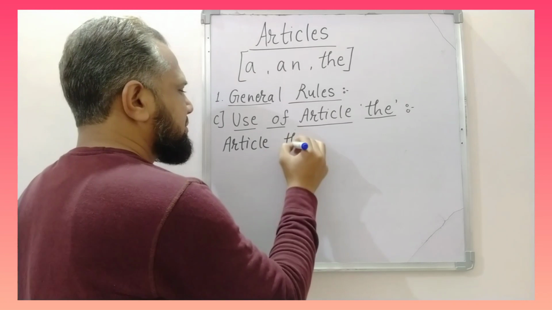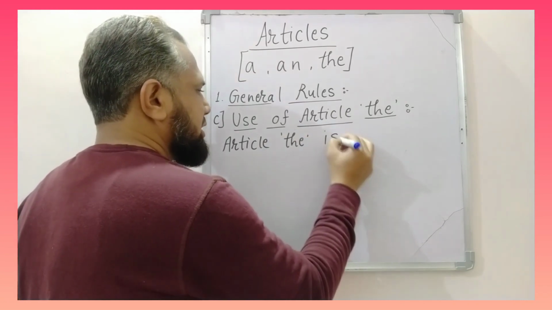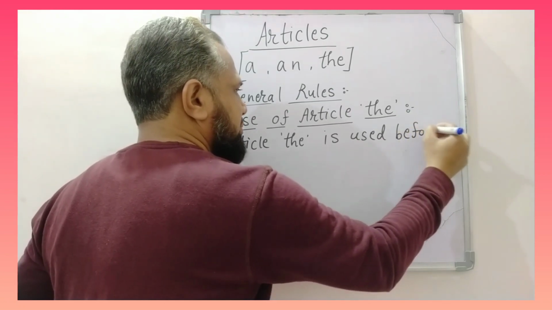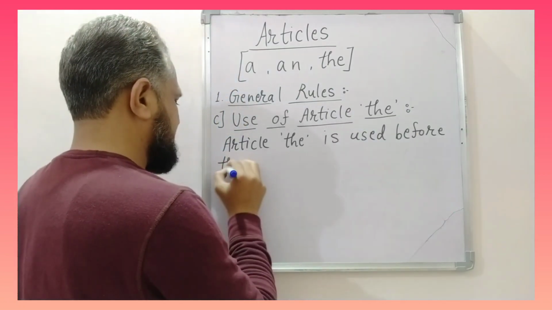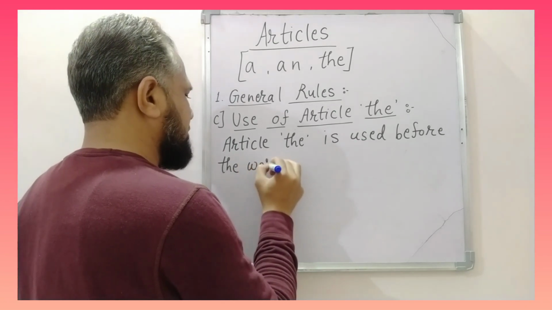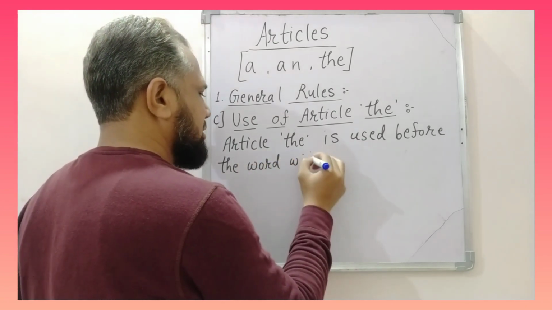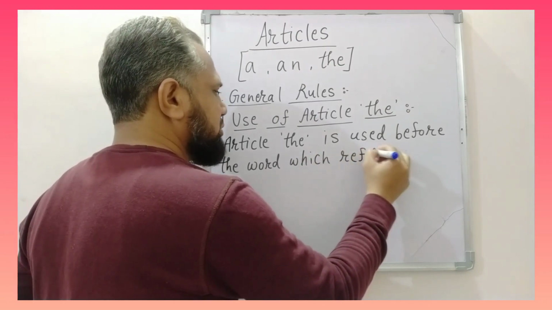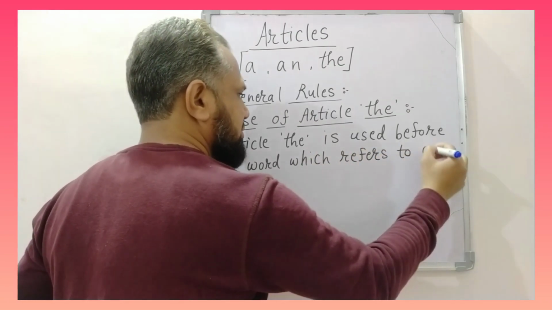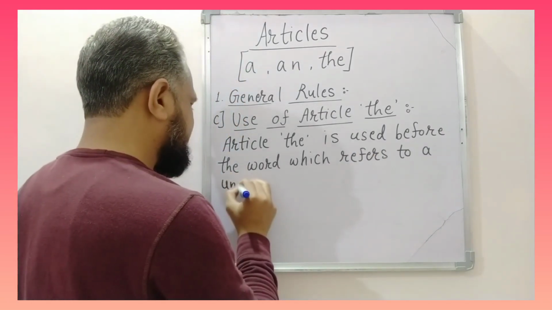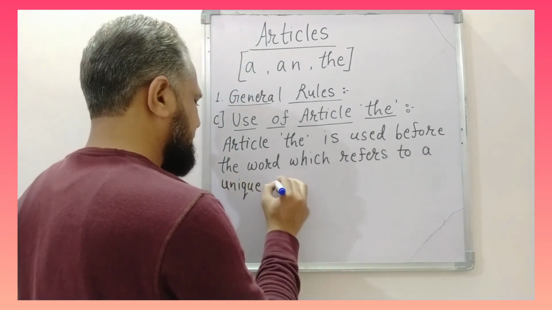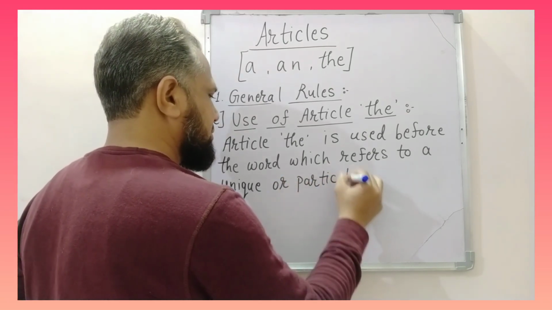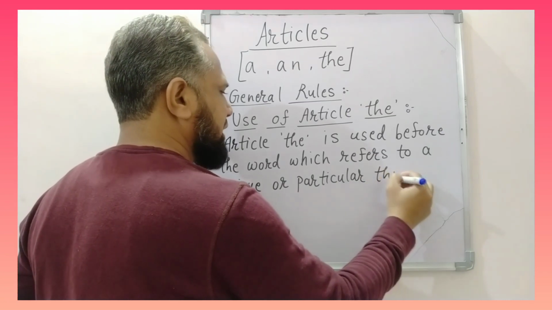Article the is used before the word which refers to a unique or particular thing.